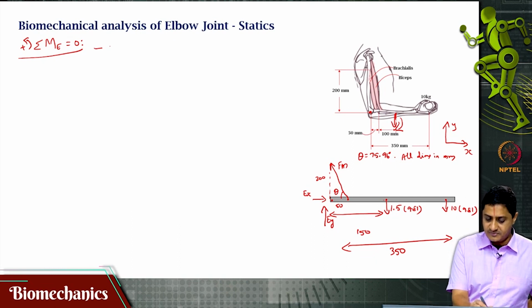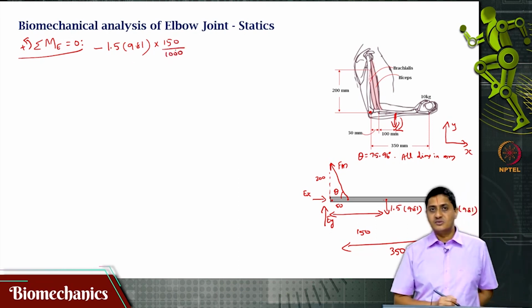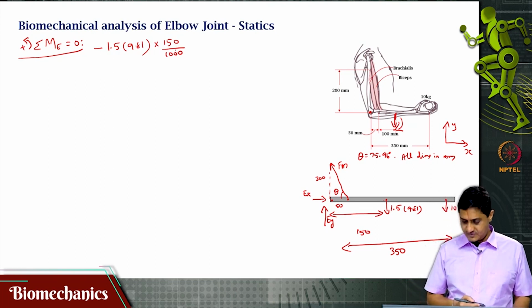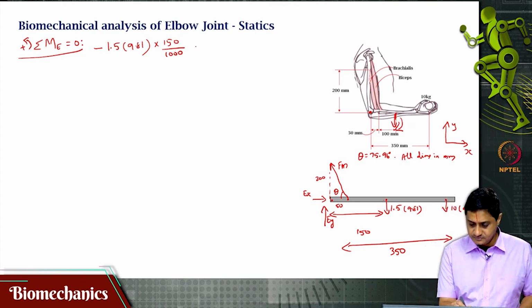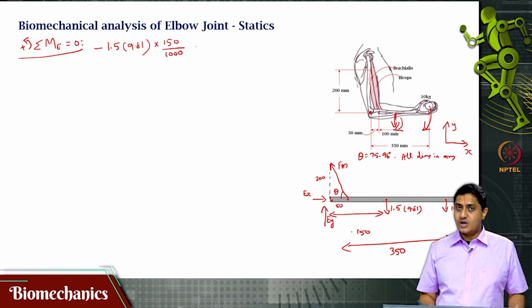So, that would be minus 1.5 into 9.81. This is the weight times 150 by 1000, or rather 0.15. This is the moment. Then the 10 kg load will cause a clockwise moment.